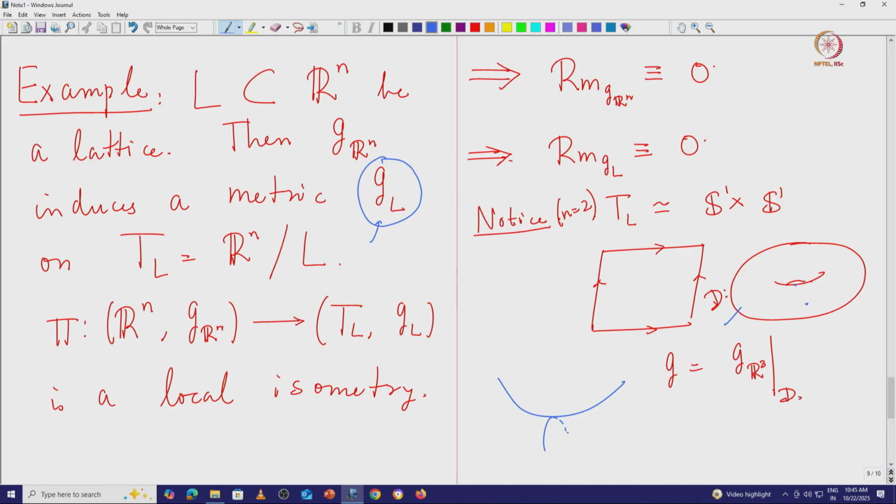Okay, so that's a distinction that one should keep in mind. So that is why I had called these flat tori. Flat basically just means that the curvature is 0. We will talk more about flat manifolds maybe in 2 lectures, or maybe the next lecture perhaps, we will see.